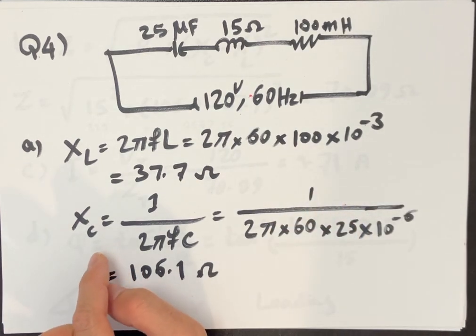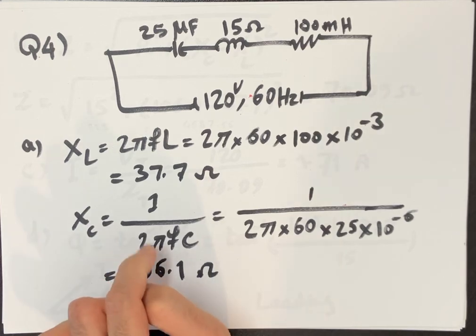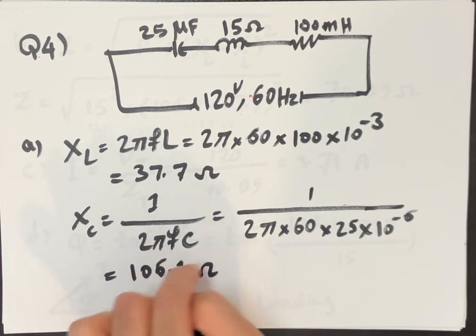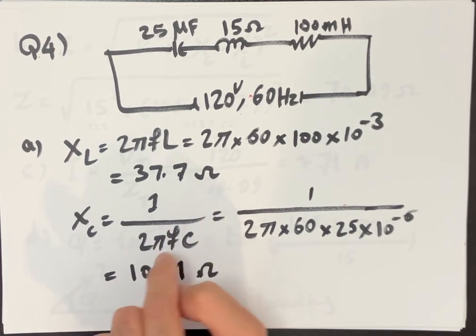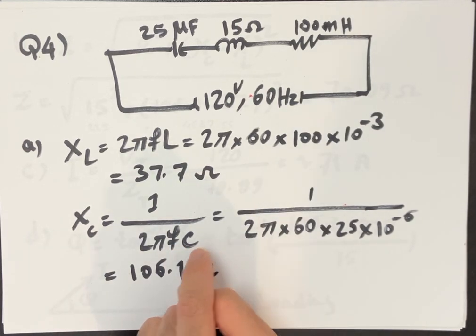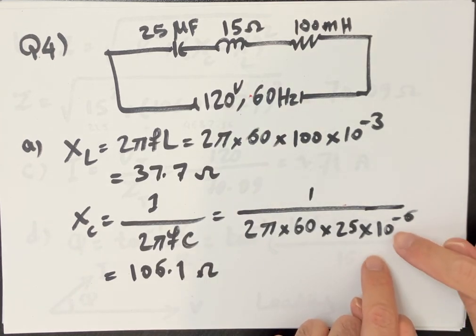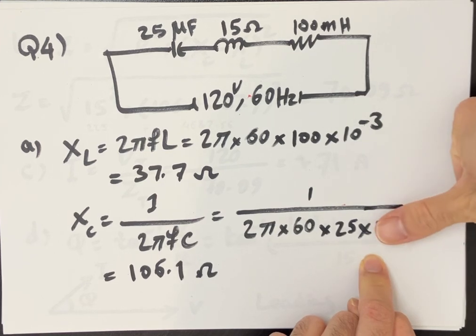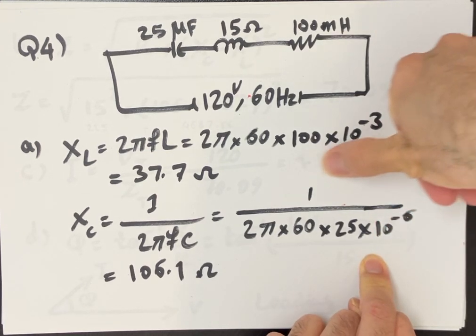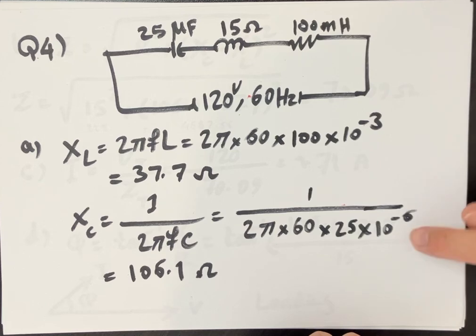To calculate the capacitive reactance, you use the same formula, but in an inverse way. Be very careful. This should be inverse, 1 over 2 pi FC. Again, frequency is 60 Hertz, C or capacitance is 25 microfarad. So that is 25 times 10 to the power -6. If you have 10 to the power -6 here, you can shift it to the numerator and just change the sign.